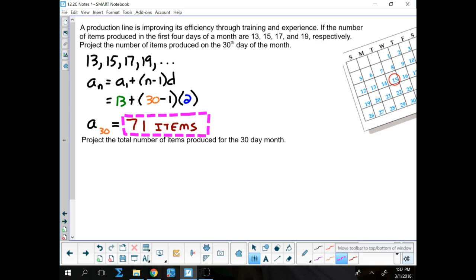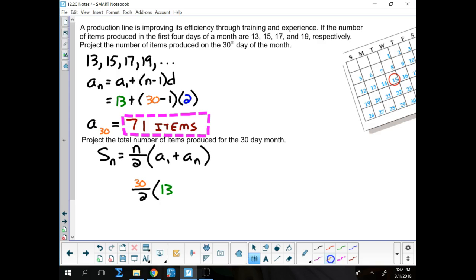Total number of items produced for that month. Well, that's going to be the sum, which is the number of terms divided by 2 times the first term plus the last term. So that's 30. My first term was 13.